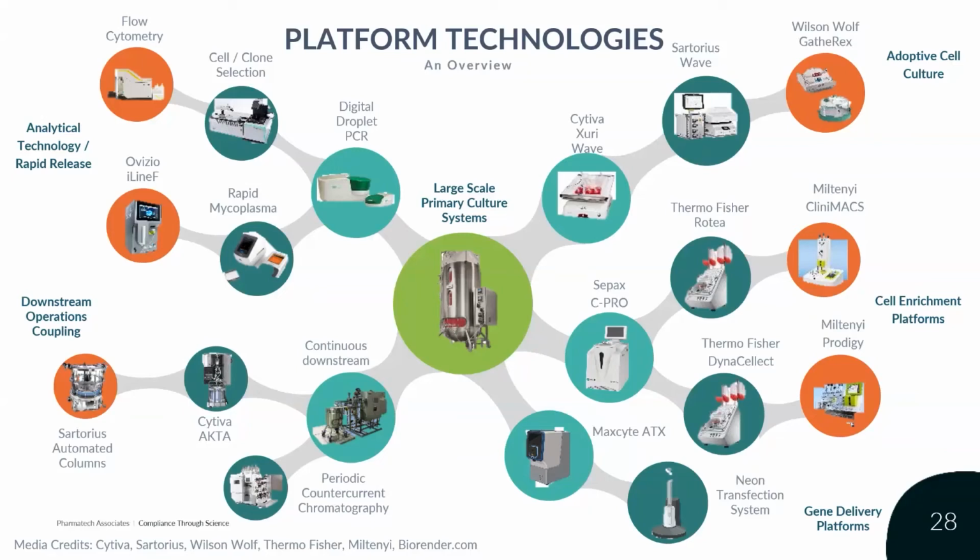In your opinion, what do you think is one of the more promising platform technologies? Sure. The DynaSelect from Thermo Fisher has just recently come out. That allows you magnetically assisted cell sorting in a much more reduced platform. Same thing with the Thermo Fisher Rotea.